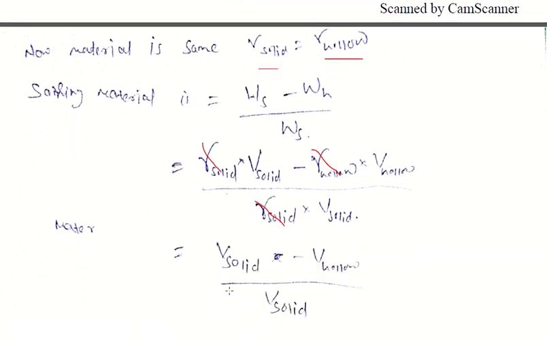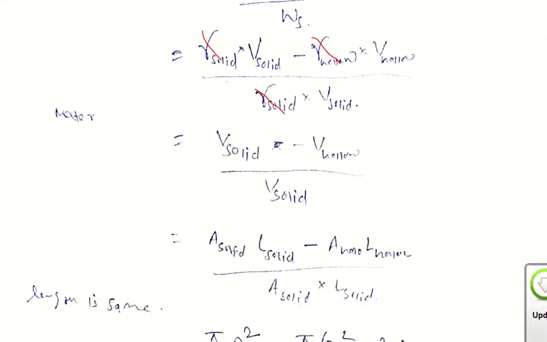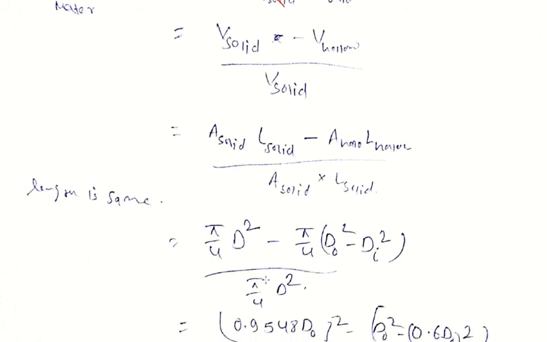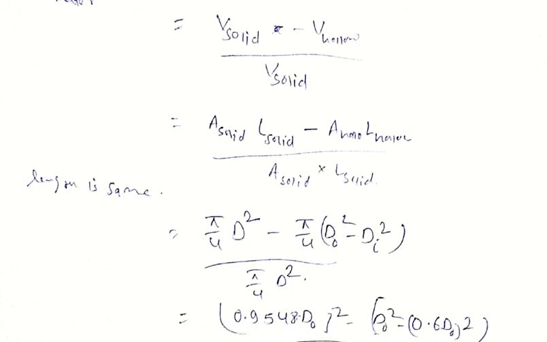Now it is volume of solid minus volume of hollow divided by volume of solid. Now the volume is area into length, and the length is the same, so it will cancel, and the remaining part is area. So pi by 4 d squared minus pi by 4 d outer squared minus d inner squared, divided by pi by 4 d squared.